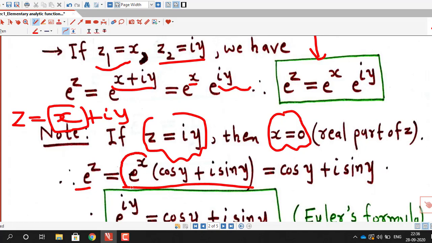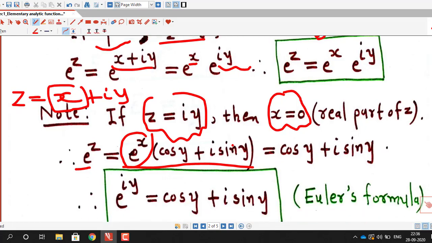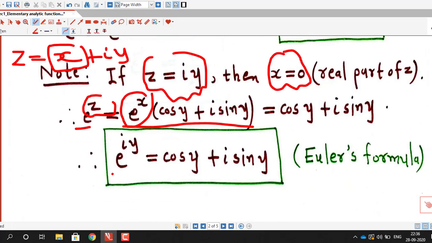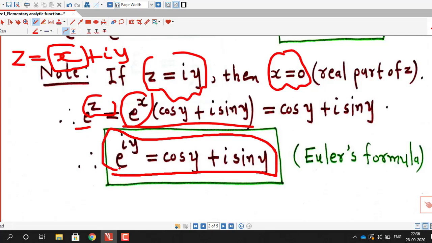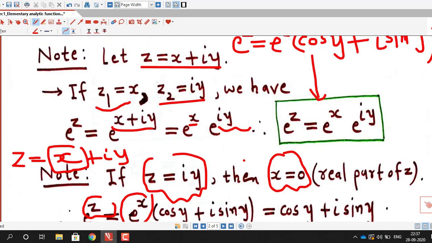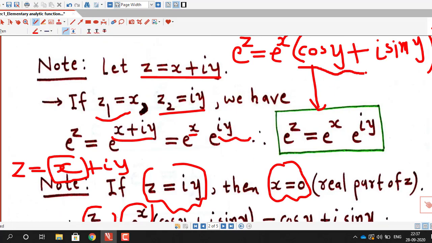So e raised to 0 is 1 and we obtain cos y plus i sin y. Now z is i into y, so we put the value of z here. So we obtain this very famous formula known as Euler's formula, e to the power iy equal to cos y plus i sin y, and it matches with this also.